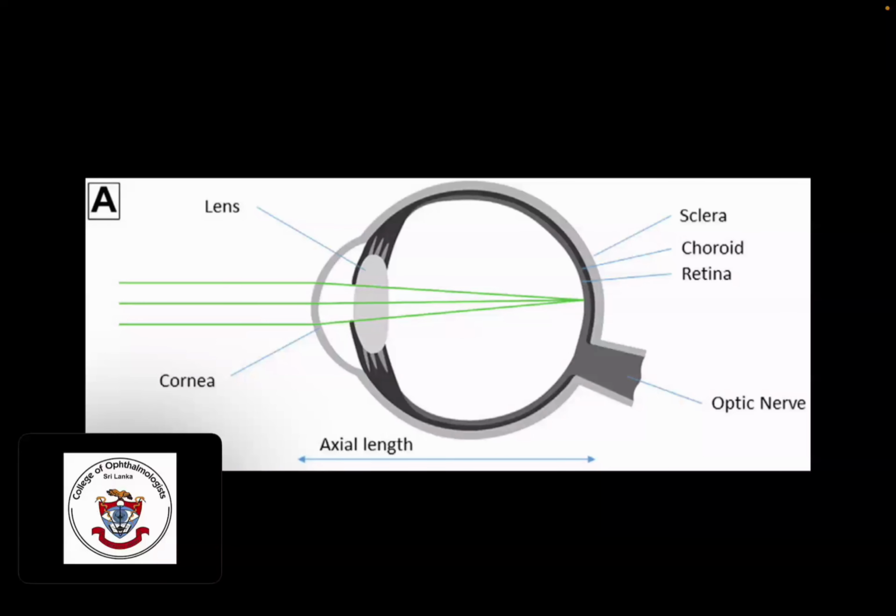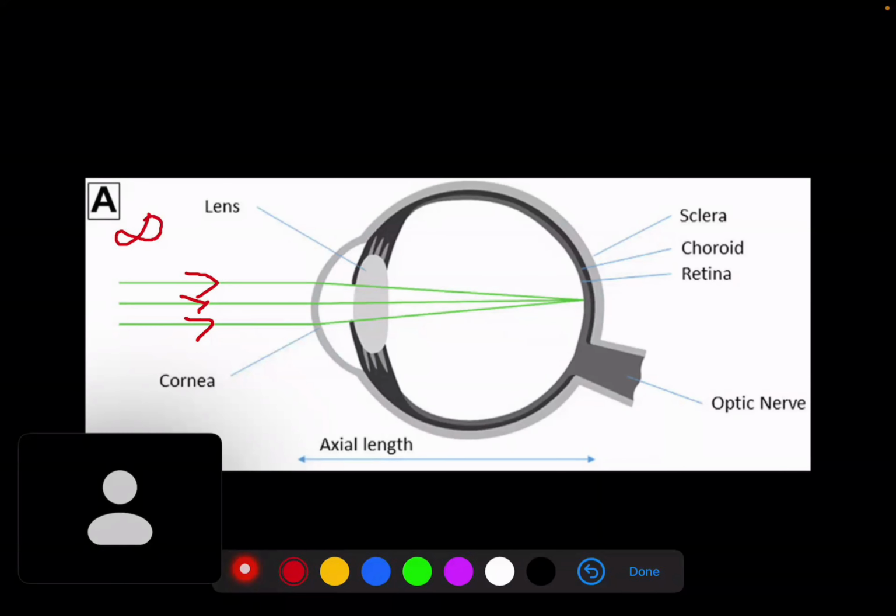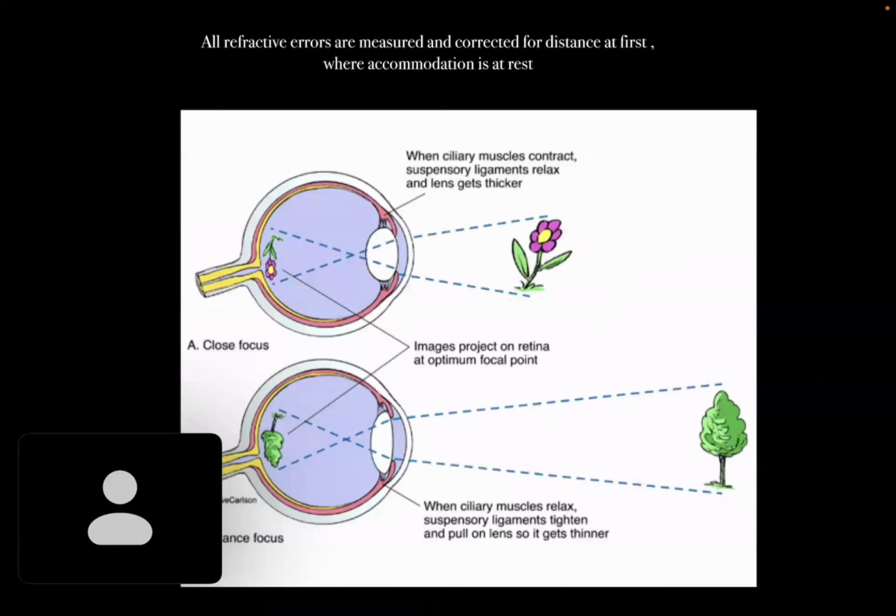When we define the optics of the eye, for practical purposes, if any object is located 6 meters or 20 feet away, we consider it mathematically as located at infinity, and the rays as coming parallel. So the object has to be around 6 meters away for definition purposes.